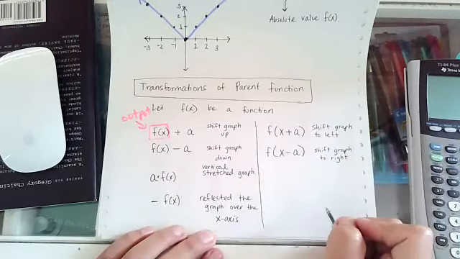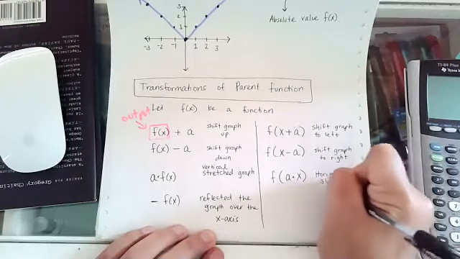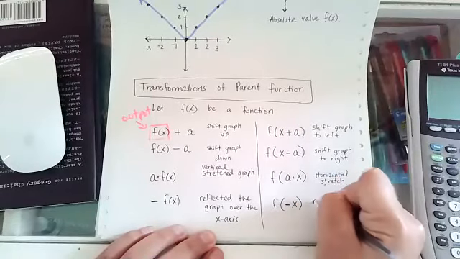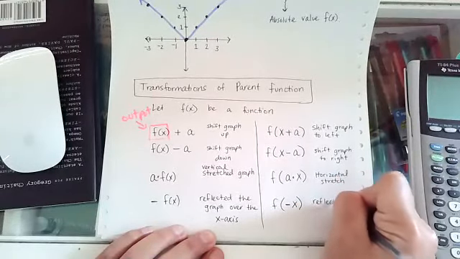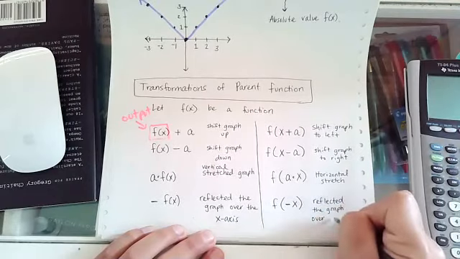If we took the input and multiplied it by a number, so a times the input, then this is going to be a horizontal stretch. And then if we took the input and made it negative, then that would be a reflection over the y-axis.